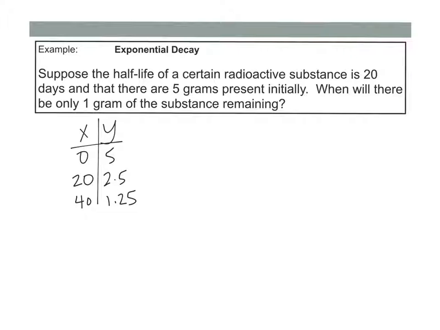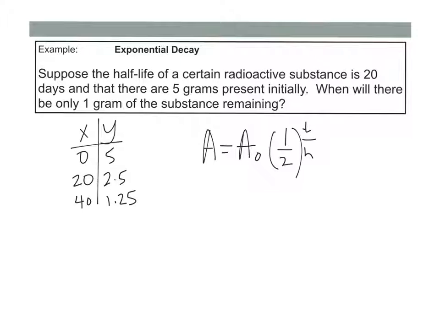The formula for this makes a lot of sense intuitively if you try to understand it. The final amount is equal to the initial amount times 1/2 to the power of time over half-life.